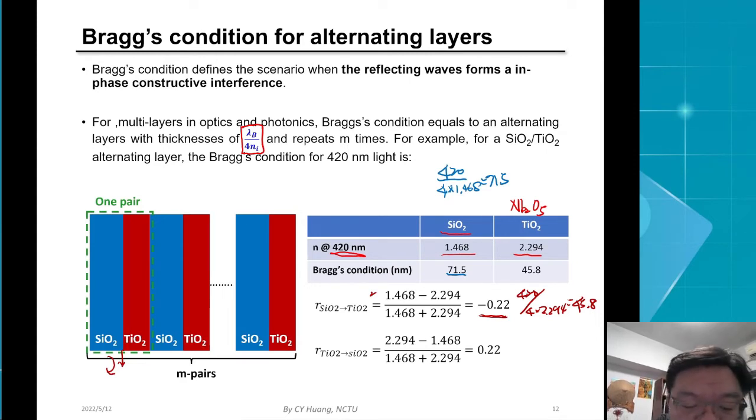But for the reflection from high index to low index, that is, from the TiO2 to the SiO2, we get a positive value with the same magnitude. It will be 0.22 here, for example.